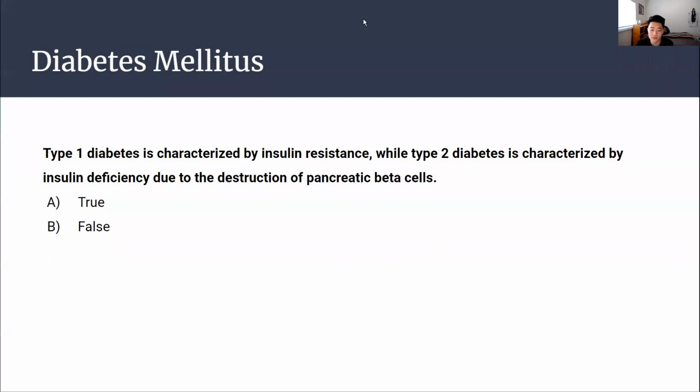Little practice question. Is type 1 diabetes characterized by insulin resistance? And is type 2 diabetes characterized by insulin deficiency? Right? True or false?